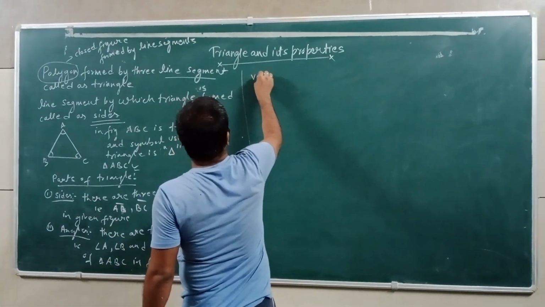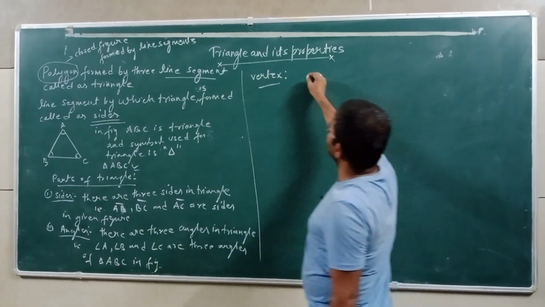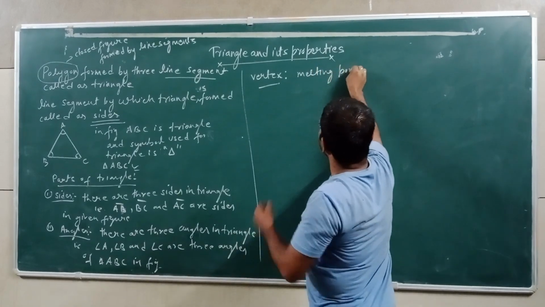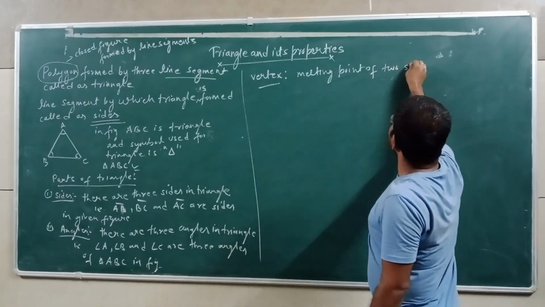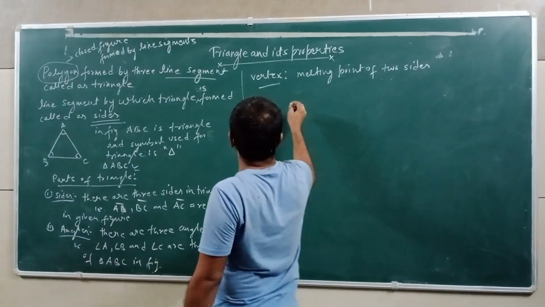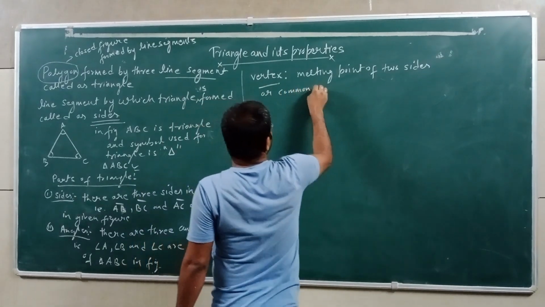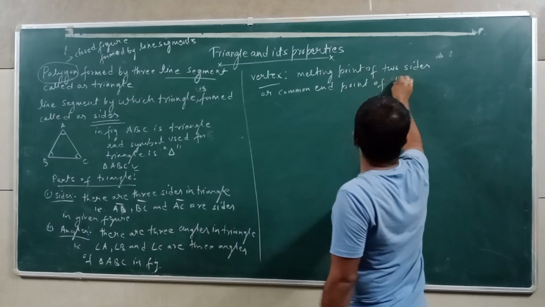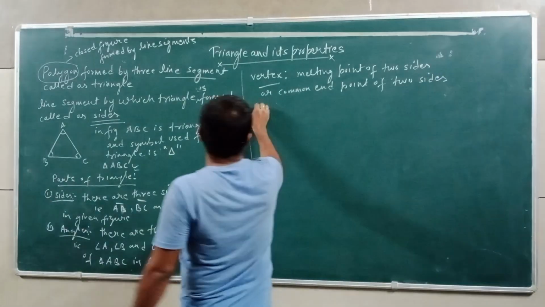Now vertex. What is a vertex? The meeting point of two sides is called a vertex, or you can say the common end point of two sides.